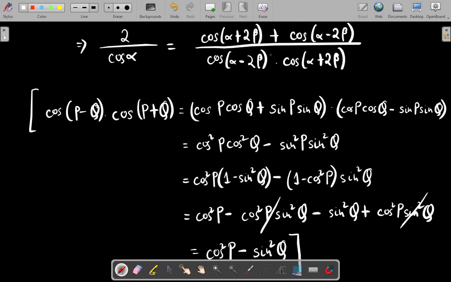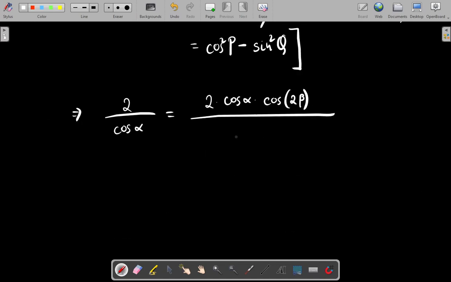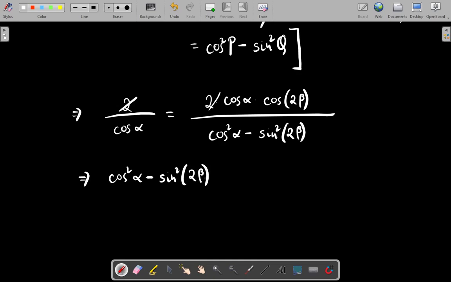In the denominator, since this is the product and this is the formula, this becomes cos square alpha minus sin square 2 beta. These two cos alpha terms cancel each other, and on cross multiplication, this becomes cos square alpha minus sin square 2 beta is equal to cos alpha times this entire thing.